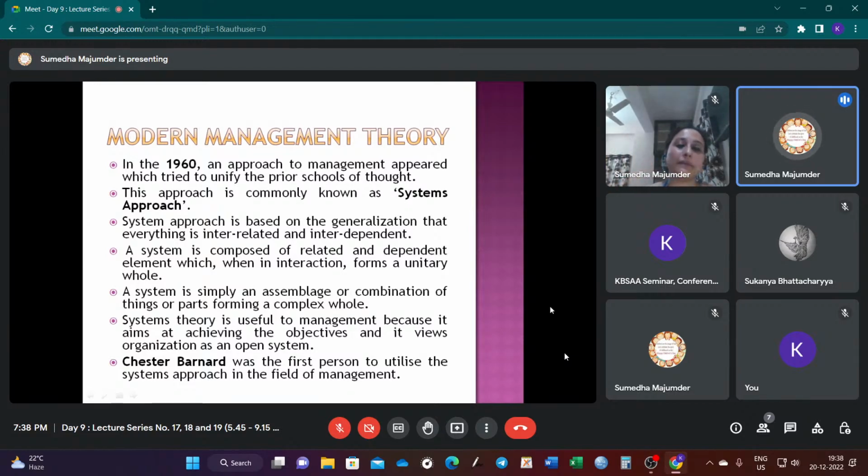That is why the systematic approach is also a kind of scientific approach. That means it follows the rules and regulations of the scientific approach with the combination of the perception of the neoclassical thoughts. That is why it's a kind of modern management theory. We can infer that it's a combination of classical and neoclassical thoughts.